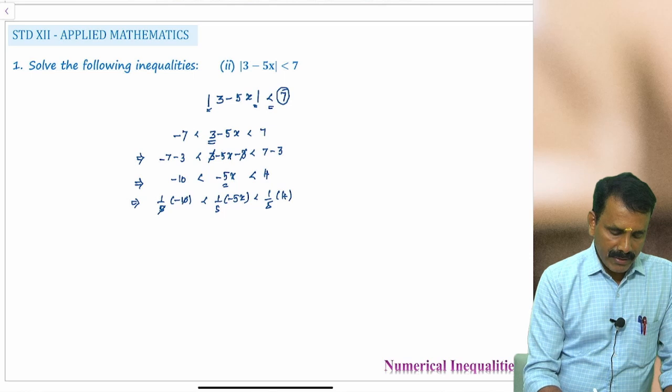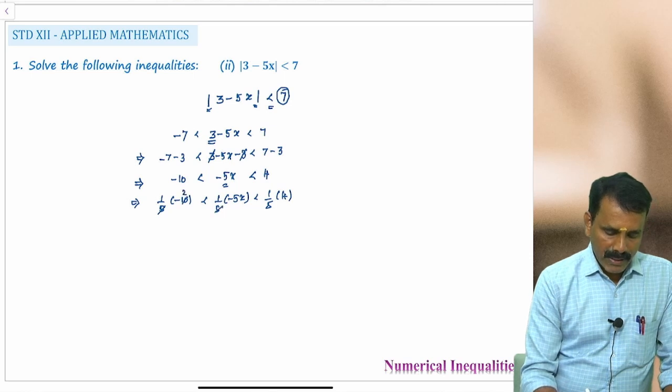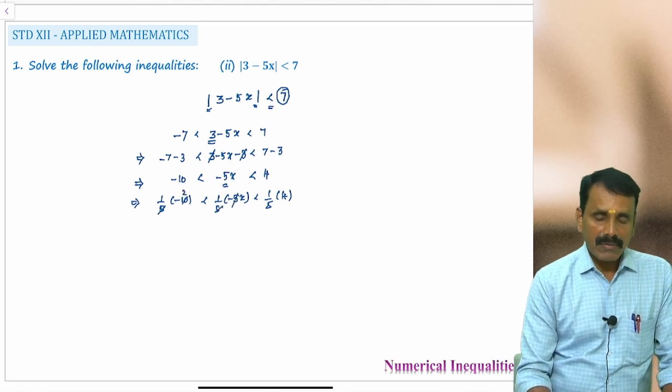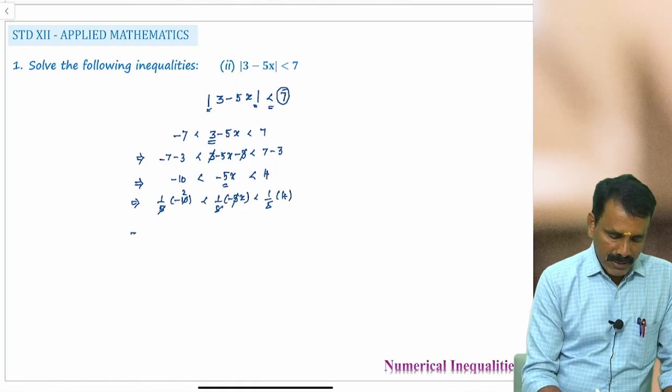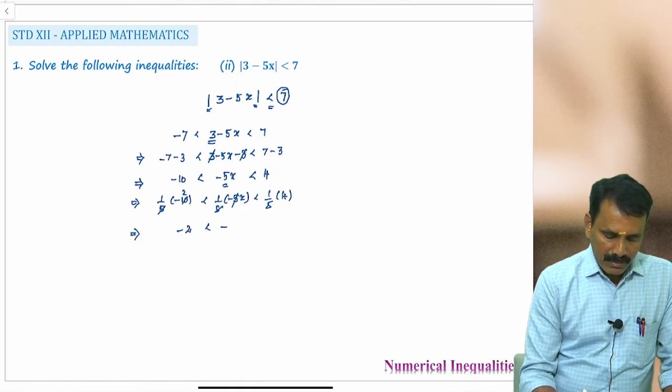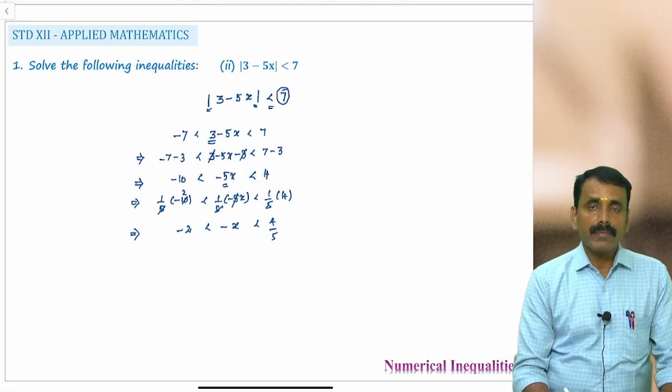We cancel 5 here, it is minus 2; we cancel 5 over here; here we cannot cancel, we leave it as it is. So we get the expression as minus 2 less than minus x less than 4 by 5.